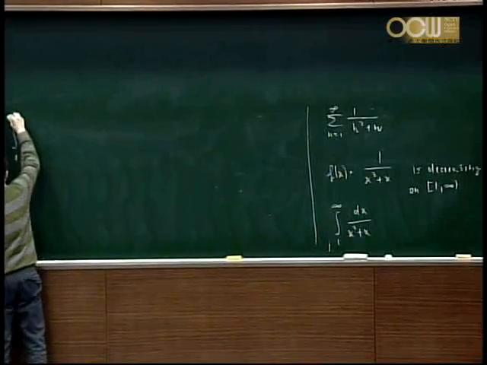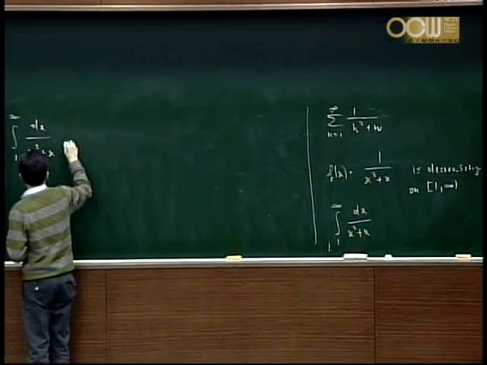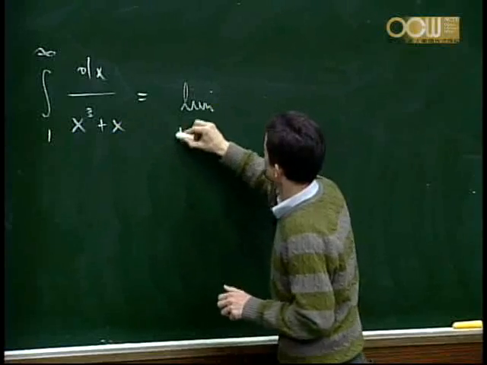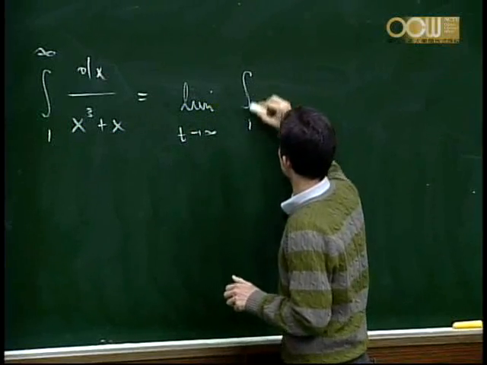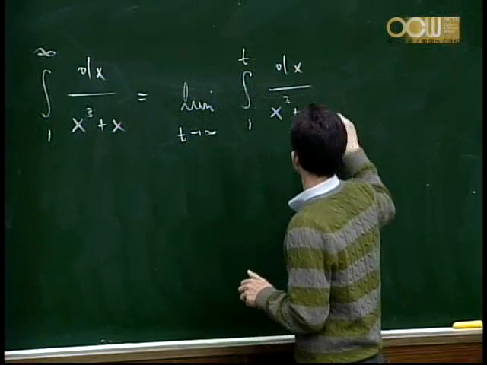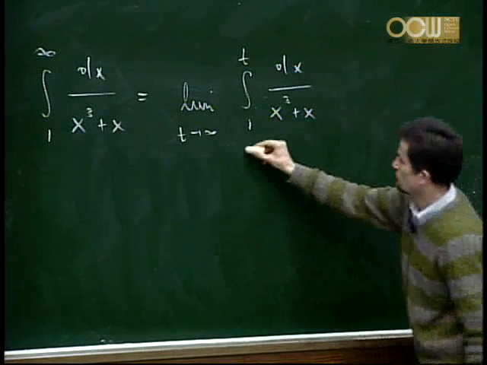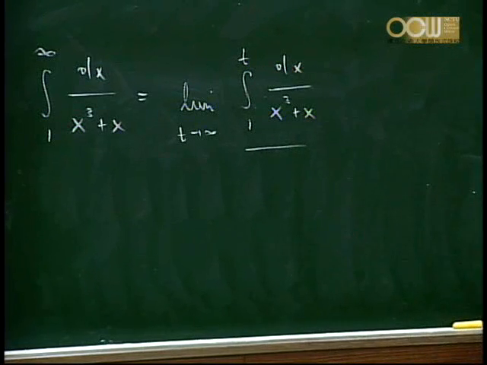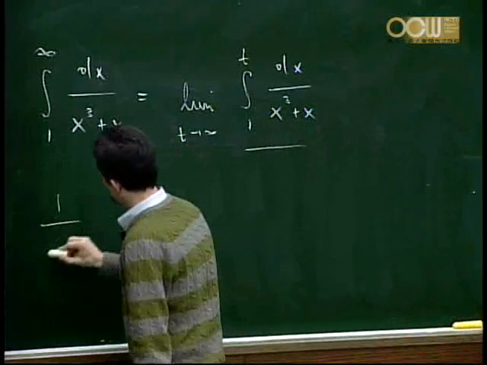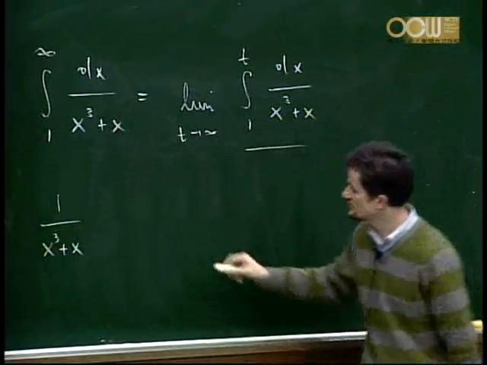In order to discuss whether this integral is convergent or not, we have to look at the limit as t tends to infinity of the integral from 1 to t dx over x to the cube plus x. This integral we can quite easily compute, because it's just the integral over a rational function. There is a standard machinery for such integrals.